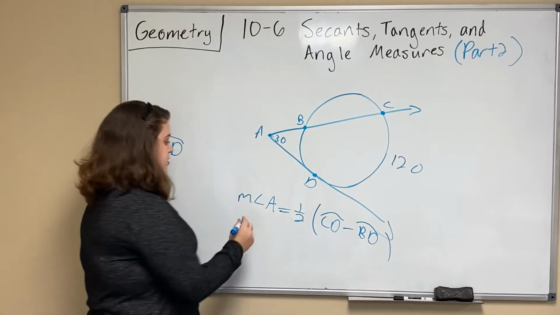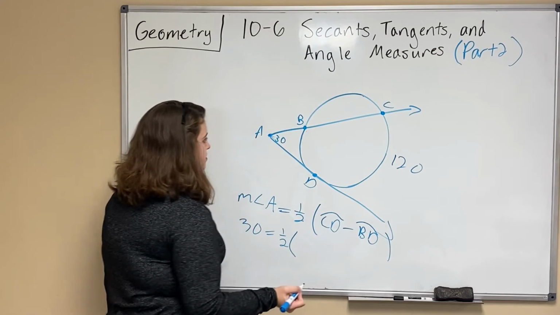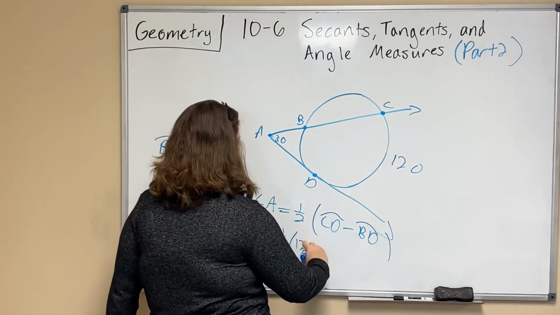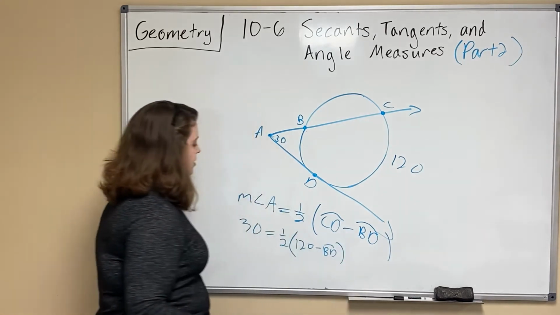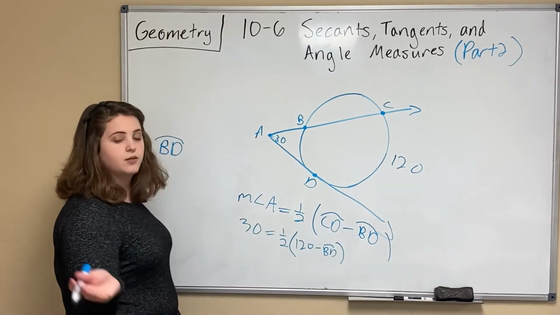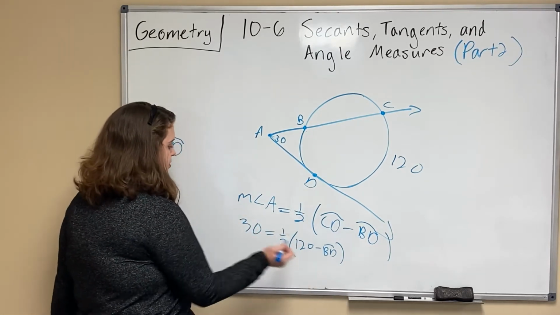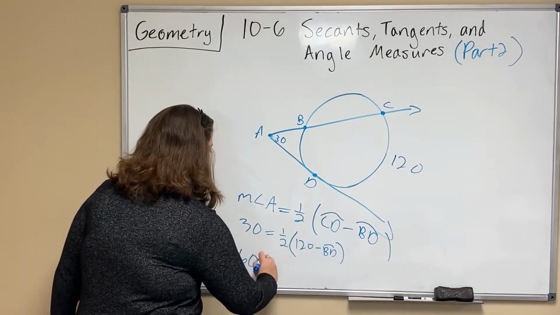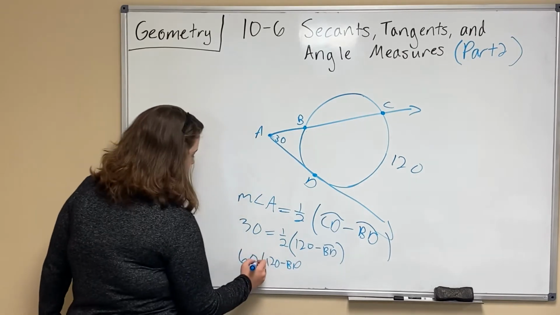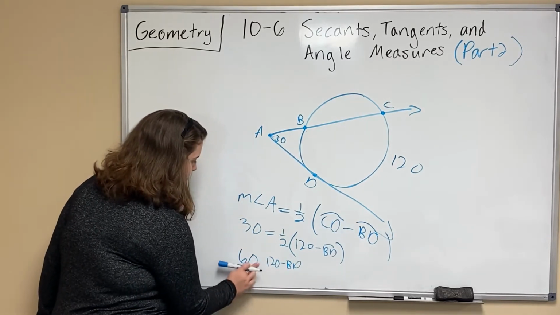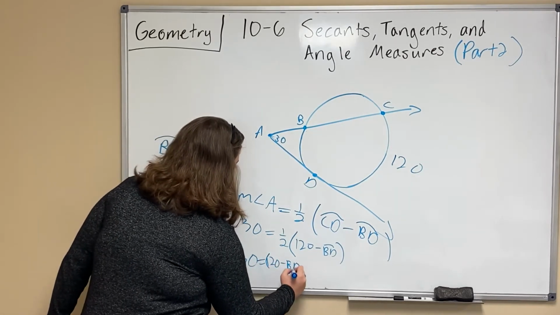What I would do is I would put in 30 on this side equals 1/2 times 120 minus BD, and we'd have to do our algebra to get BD by itself. So the first thing I'm going to do is multiply both sides by 2 and get 60 equals 120 minus BD.